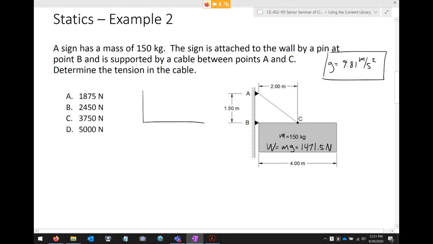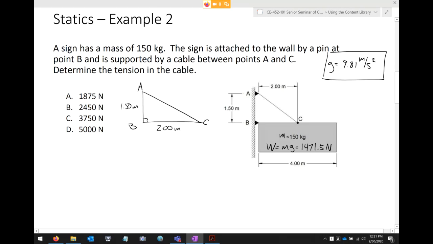Ugh, that is ugly. Let's see if I can do... Well, that's not much better. That's about the best you're going to get. Okay. Now, this is A. This is point C. This is B. This dimension here is 2.00 meters, and this dimension is 1.50 meters.